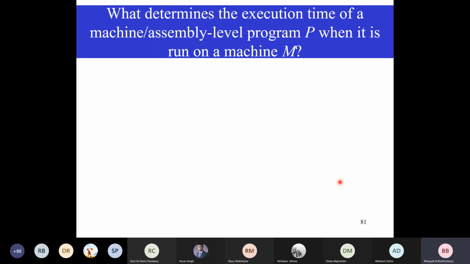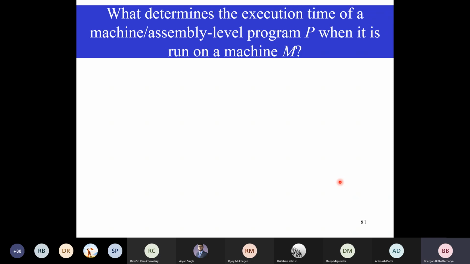So let me ask you this question. You have some understanding of this computer architecture now, this von Neumann case, and you know how the machine language program is executed one after another. And you have several steps in the execution cycle and so on. So imagine that you have a program P and that you have already translated into assembly language or machine language.